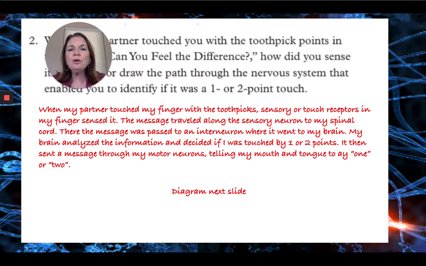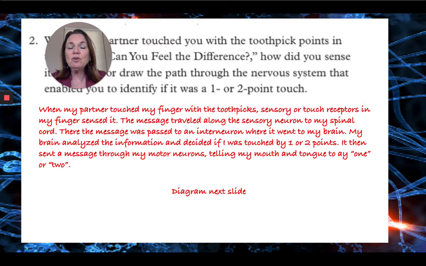Okay, when your partner touched you with the toothpick points in your lab, how did you sense that there was 1 or 2 points? It says explain or draw the path through the nervous system that enabled you to tell whether it was 1 or 2. So, to explain it, when my partner touched my finger with the toothpicks, the touch receptors that were in my finger in the skin sensed that stimulus, and started a message, an impulse.